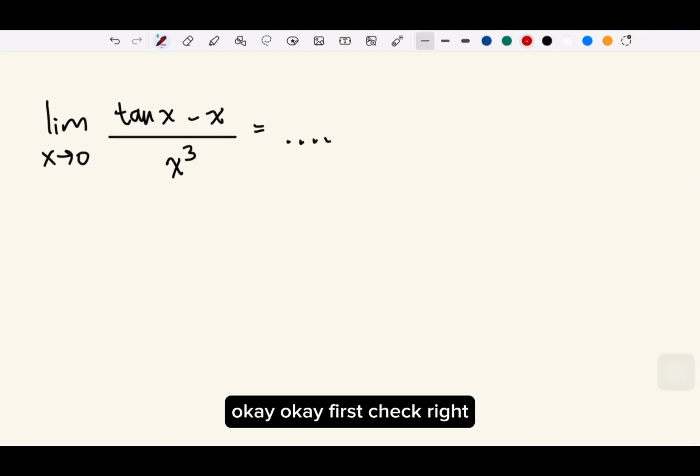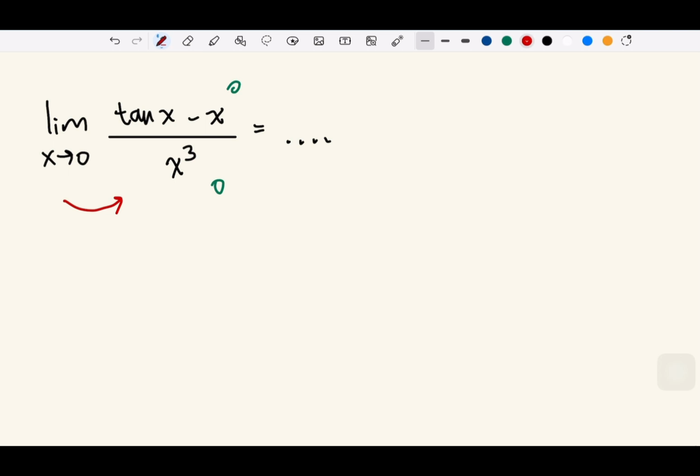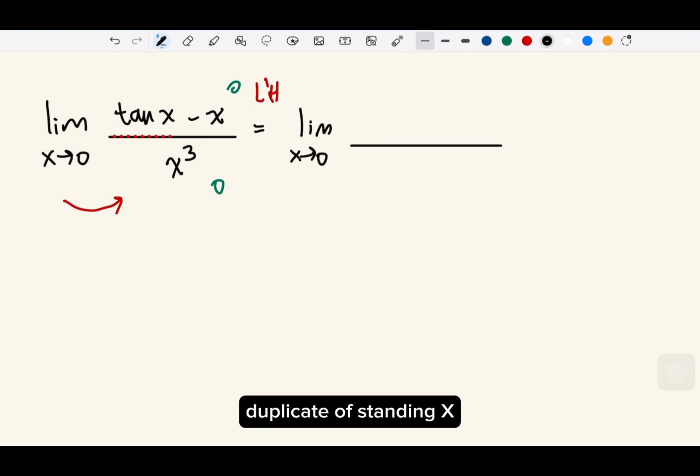Okay, first check, right? Check this. It's 0 over 0, so we can take L'Hopital. So we write the derivative of tangent x. It's secant squared x minus 1, over 3x squared, right?